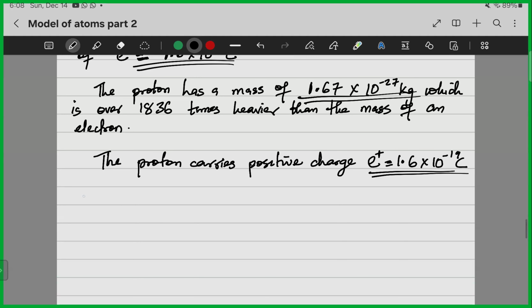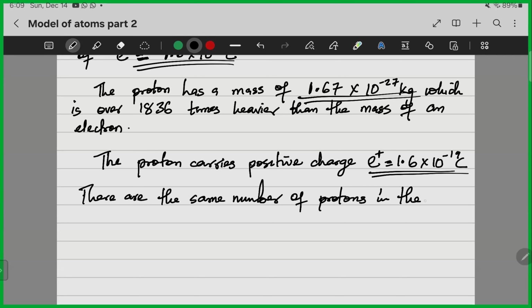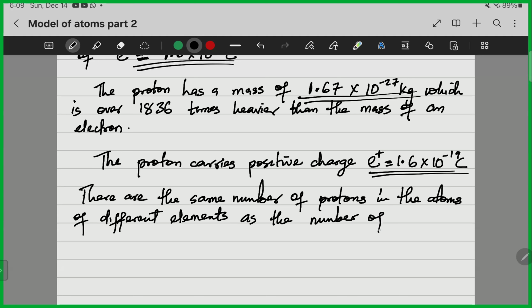It's also good to establish that there are the same number of protons in the atoms of different elements as the number of electrons.